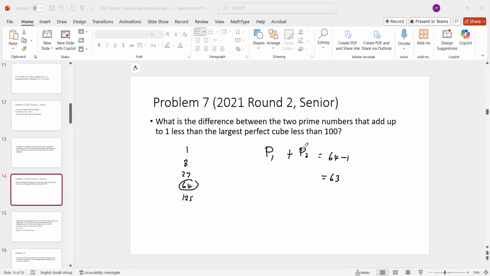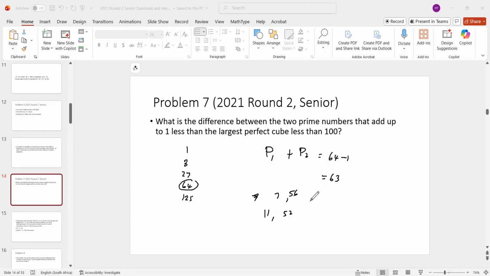Now, you think, well, there are lots of prime numbers. You've got 7, and, okay, 7 doesn't work. If you try 11, the next one, 7 and 56, this is not a prime. 11 and 52, this is not a prime.